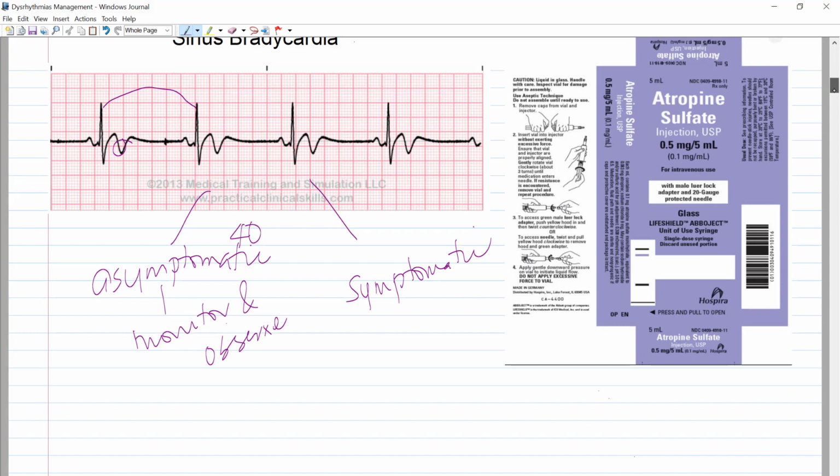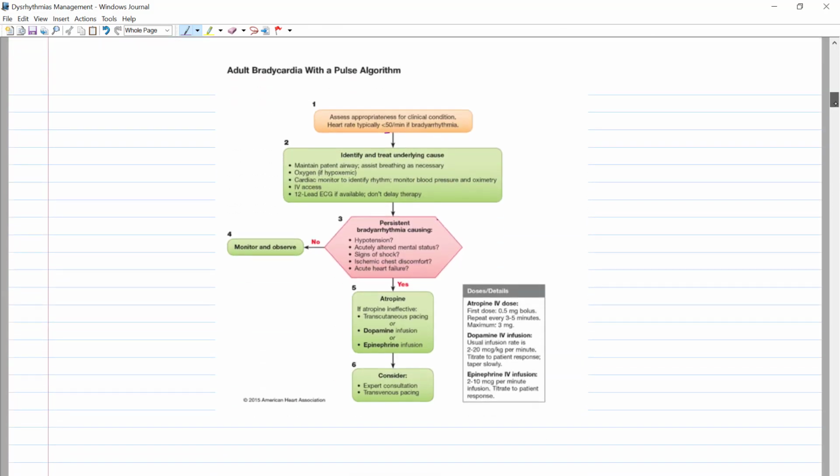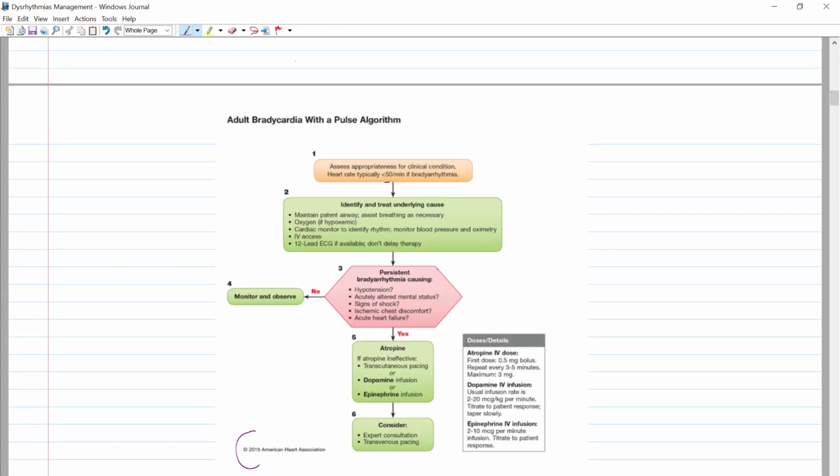So American Heart Association released an algorithm in 2015. And remember that American Heart Association makes an update in regards to ACLS every 5 years. Okay? And actually, they had an update last year in regards to the medications that we give to these patients who have dysrhythmias, and I will discuss that later on.